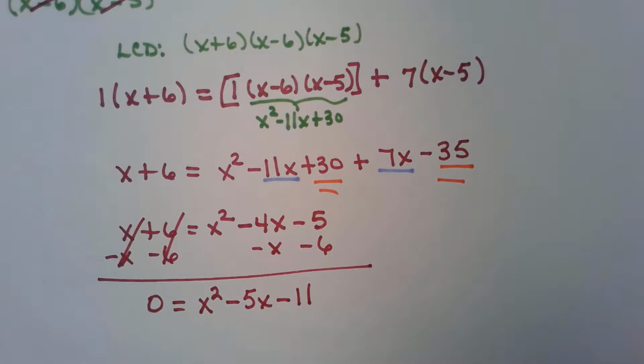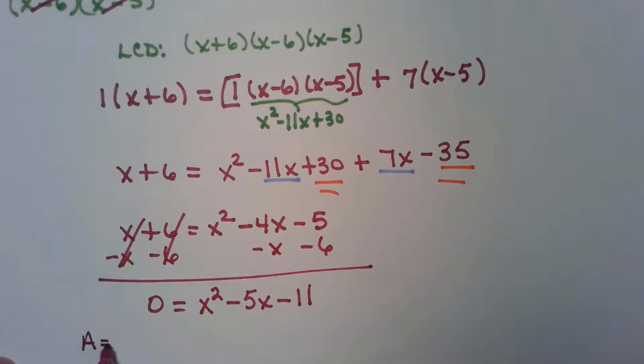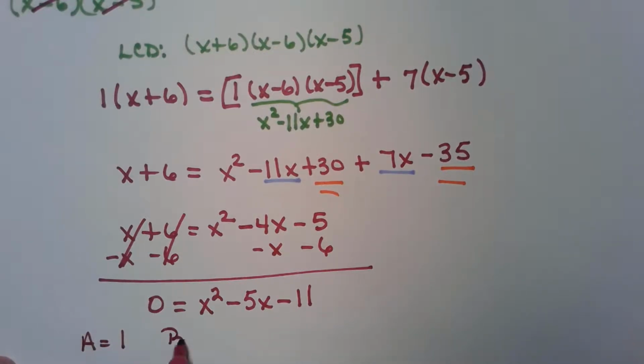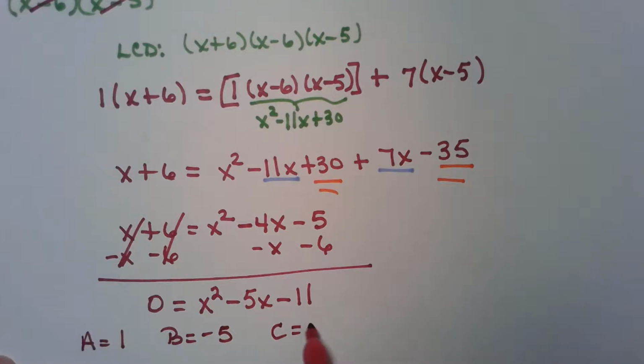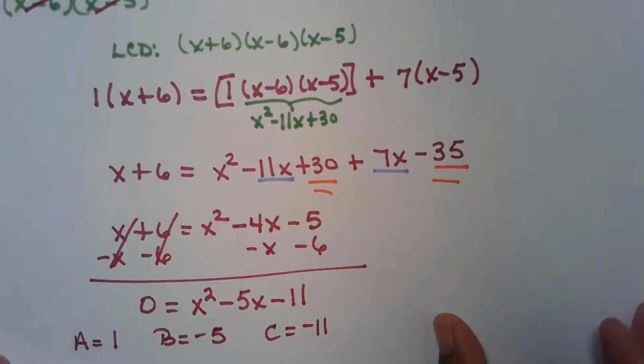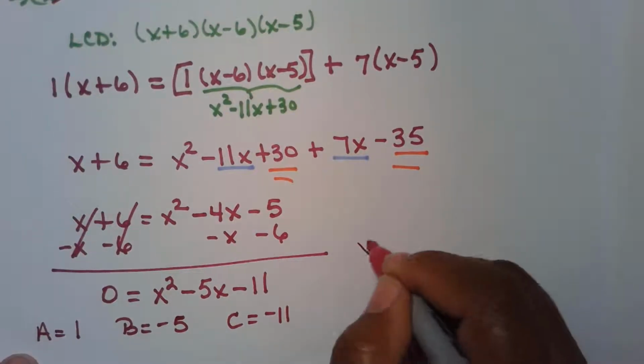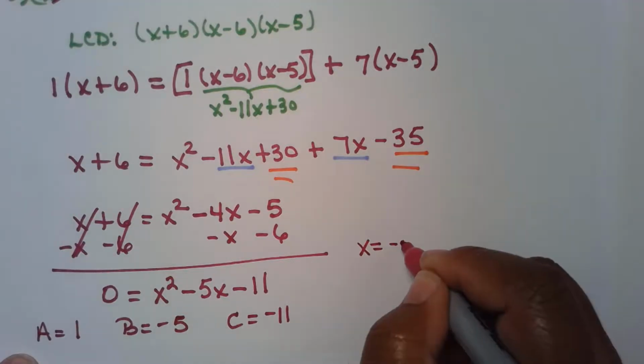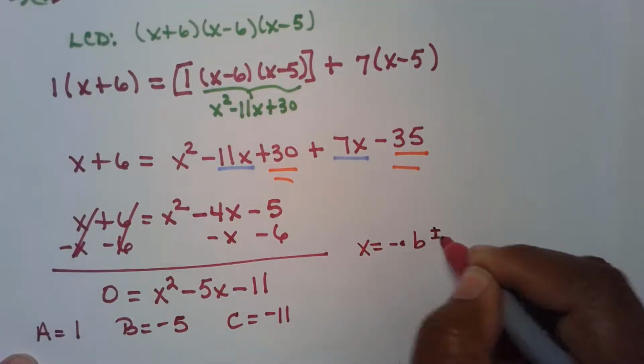So now we have our equation in quadratic form, in standard form, where we have our A, which is 1, our B, which is negative 5, and our C, which is negative 11. And we're going to use the quadratic formula to find our solution or solutions.